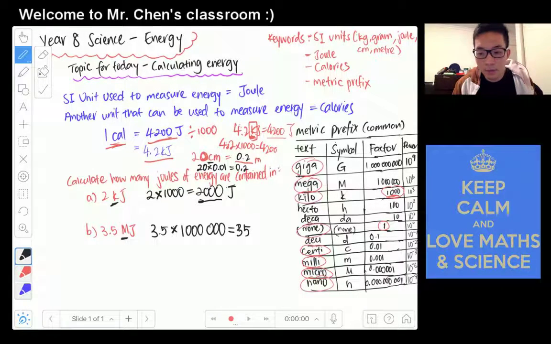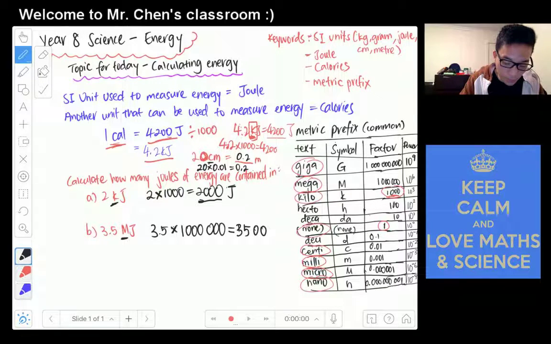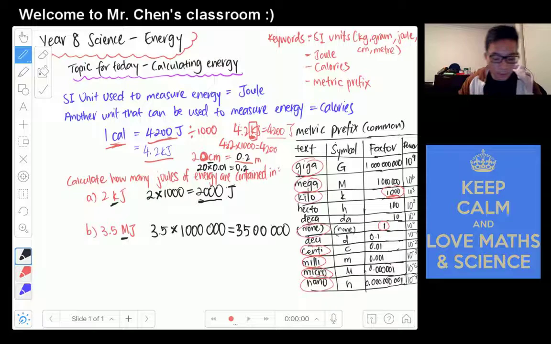Once you use the calculator, it will be 3,500,000 joule. So it's quite a lot of energy.